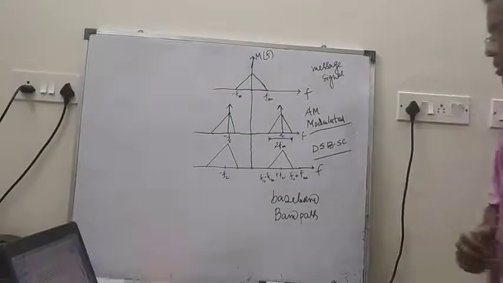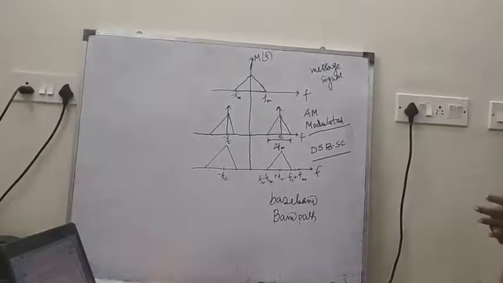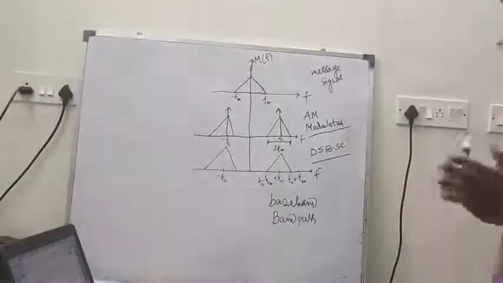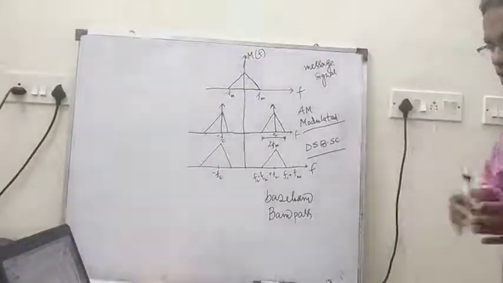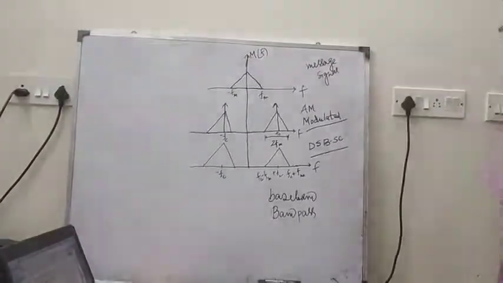The scheme is to generate two carriers which are in phase quadrature.